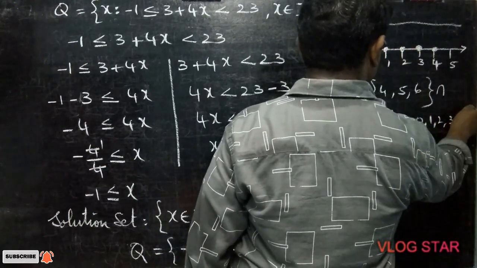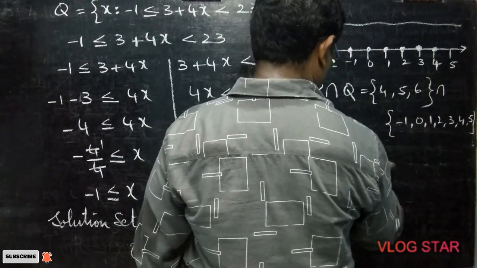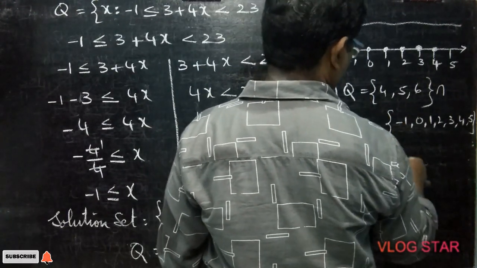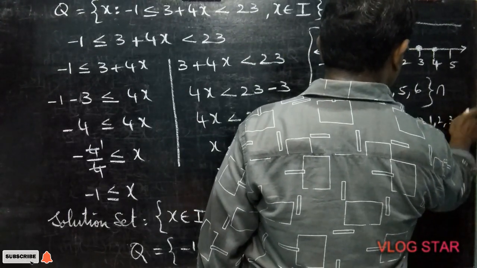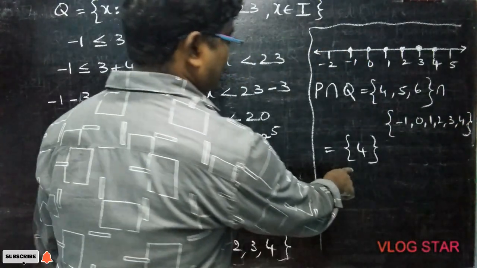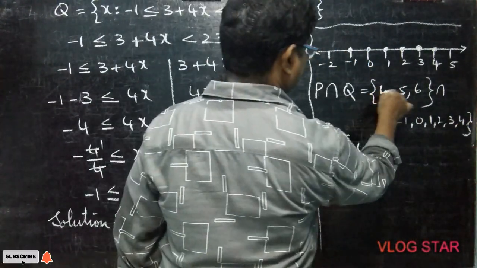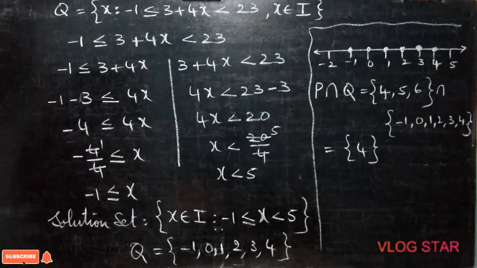Now here what is the intersection means? 4 is repeated. Here 5 is not. Only 4. Intersection, only 4 is there. Here 4 is there. There also 4. So intersection is 4.